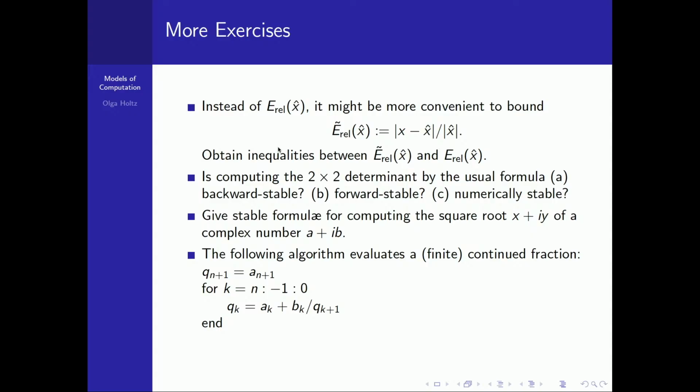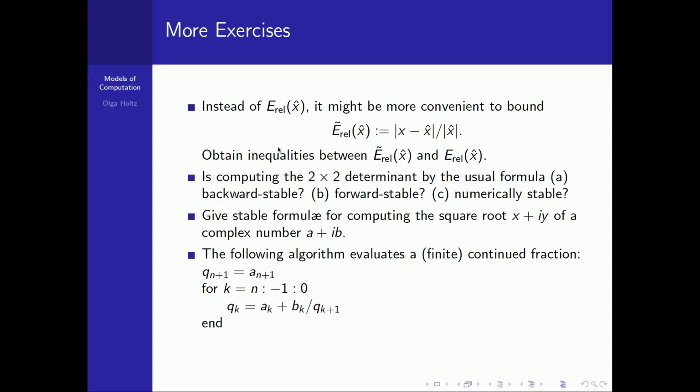We have values which are called a's and b's. These are not exactly 2 times n plus 1; not 2n plus 2, it's 2n plus 1 values. You start by taking the very last in that sequence, the a value, indexed a sub n plus 1, and then you start performing the usual recursion for computing the continued fraction.